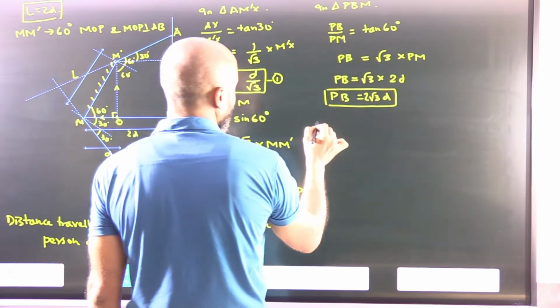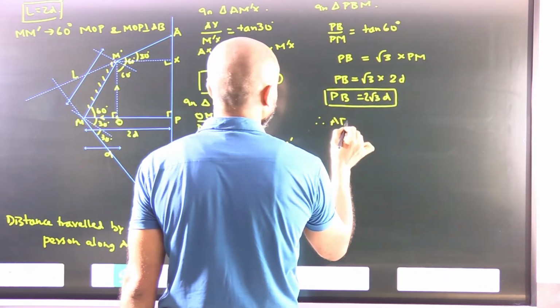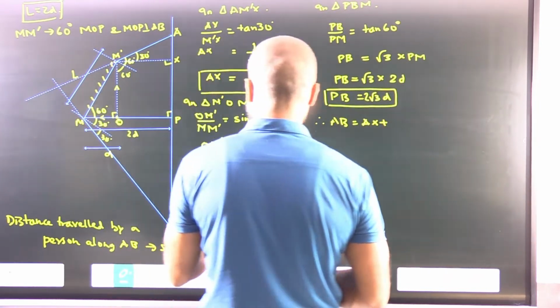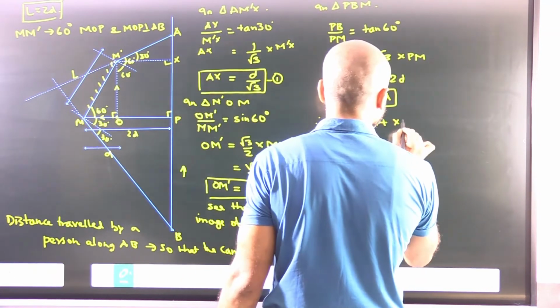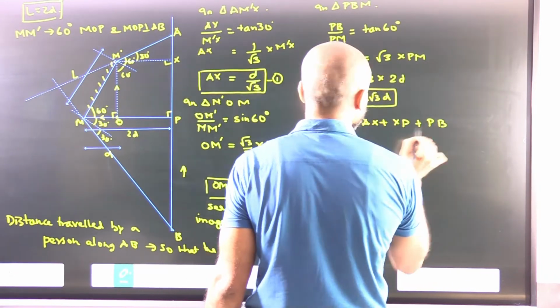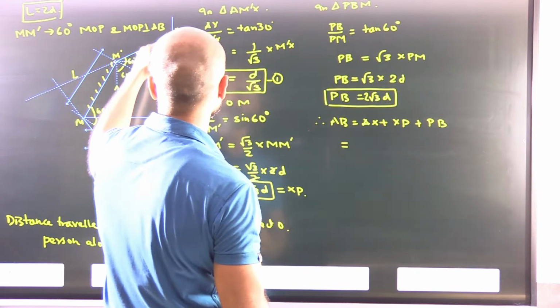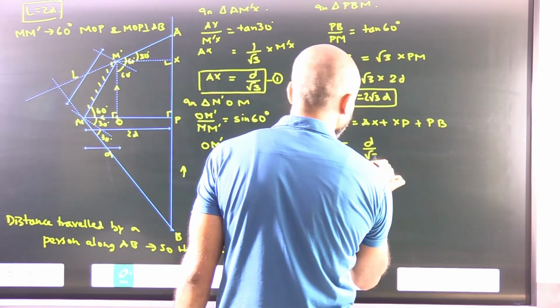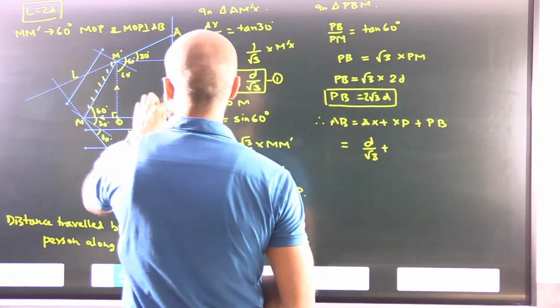Now if we add up, AB will be equal to AX plus XP plus PB. Let's calculate this. AX, as we have calculated, is D by under root 3.